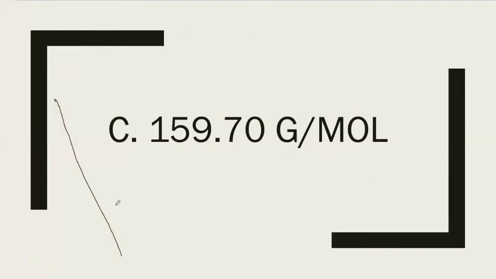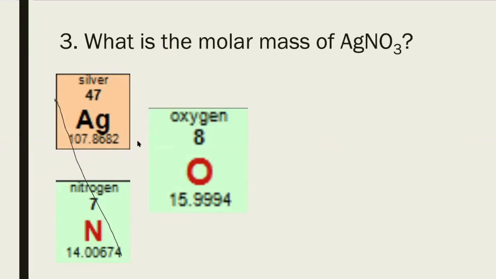So next, what is the molar mass of AgNO3? So step 1 again, identify how many atoms per element. So Ag, or silver, has 1. So we're going to do 1 times, round off to the nearest 2 decimal places, 107.87.